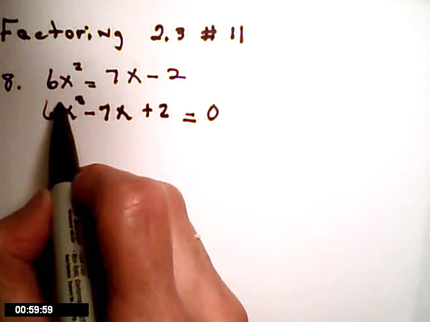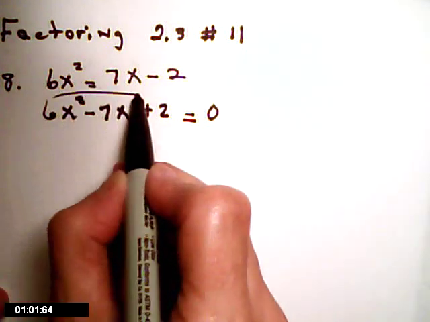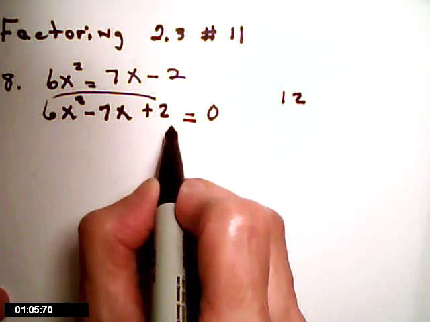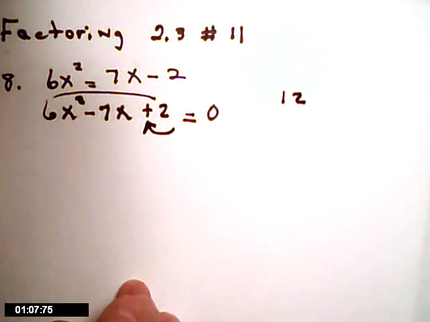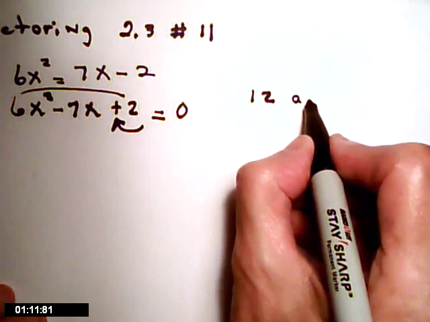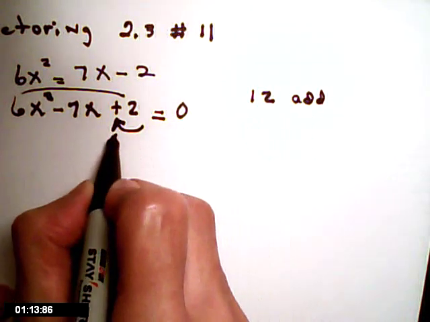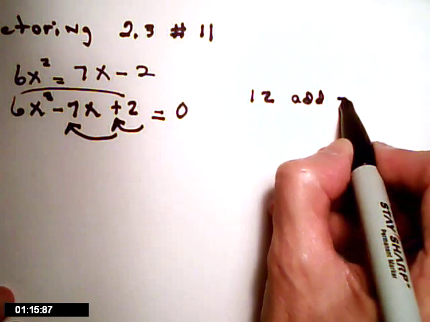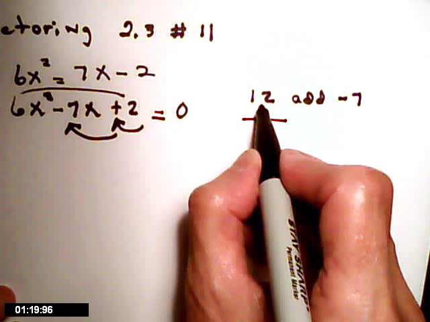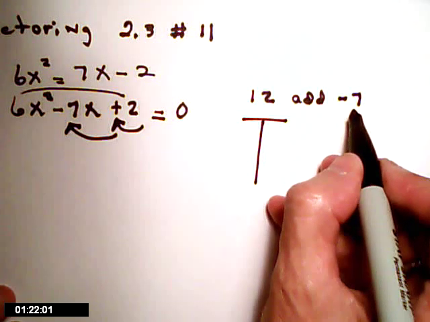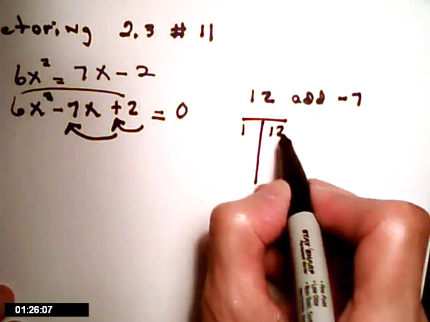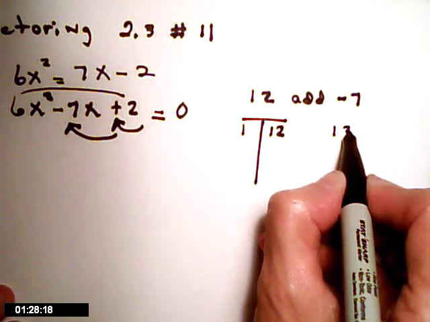Now remember, I'm going to multiply the first and the last term together. 6 times 2 is 12. Because of this sign, remember I'm working from the outside in, plus it tells me that I'm going to be adding to get a negative 7. Now you need to multiply and get a 12, add and get a negative 7. 1 times 12 is 12, but if you add you get 13.